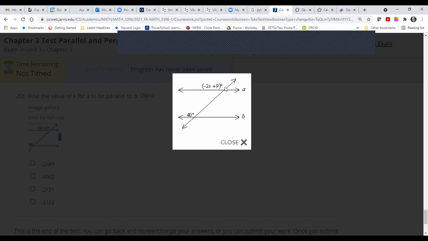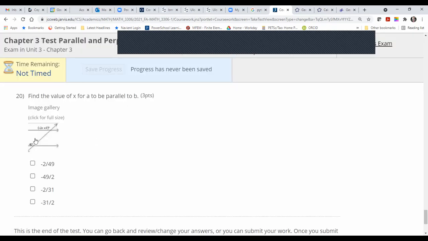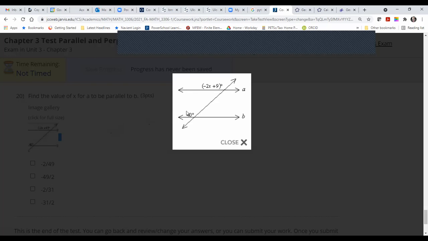I have a question. Do we have to put negative 2x plus 9 plus 40 equals 180? No, I don't think so, because these two are corresponding angles.